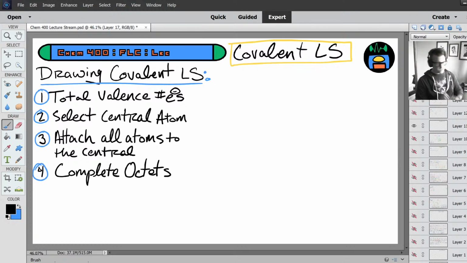Make sure that the octet rule is satisfied for each of your atoms. And then step 5 is assign formal charges.